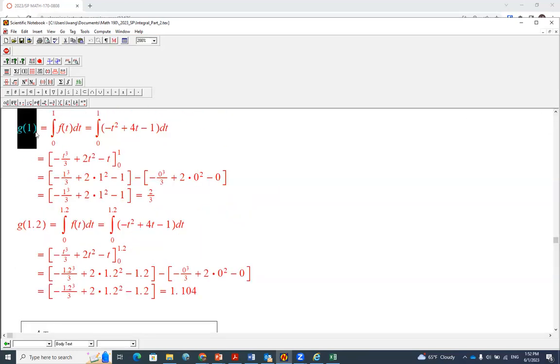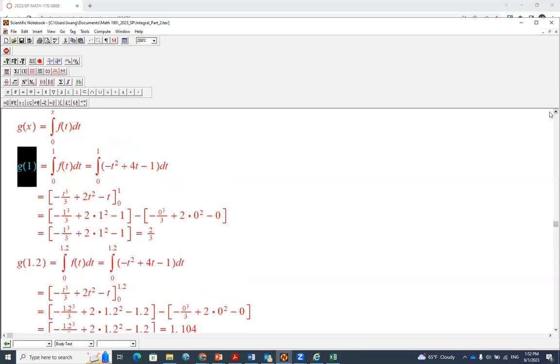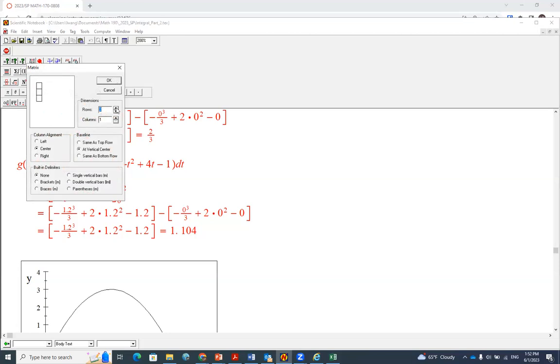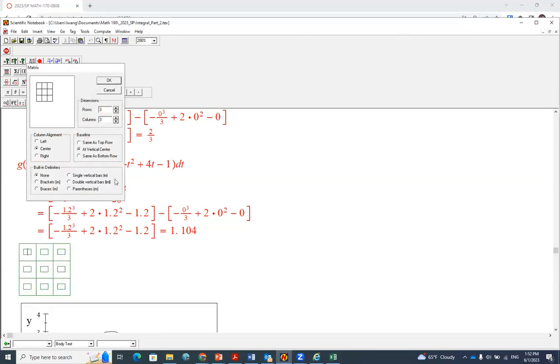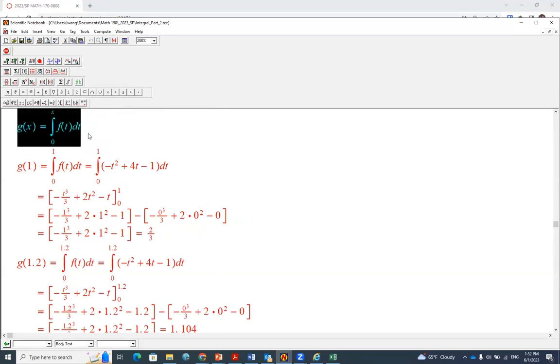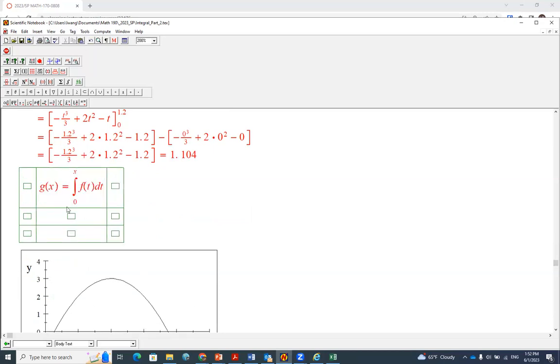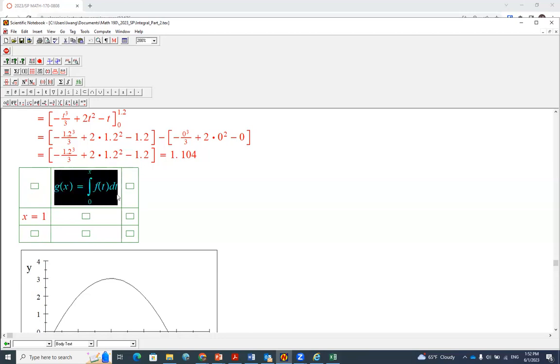You can see G of 1. When this x is 1, this x is 1, we get a number. Let me make a table to show you. For the G function, when x equals 1, G of 1 looks like this.